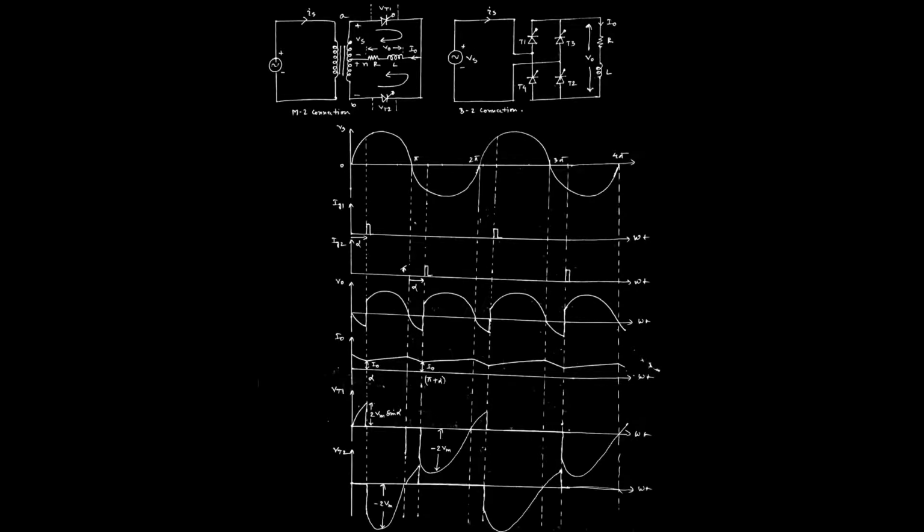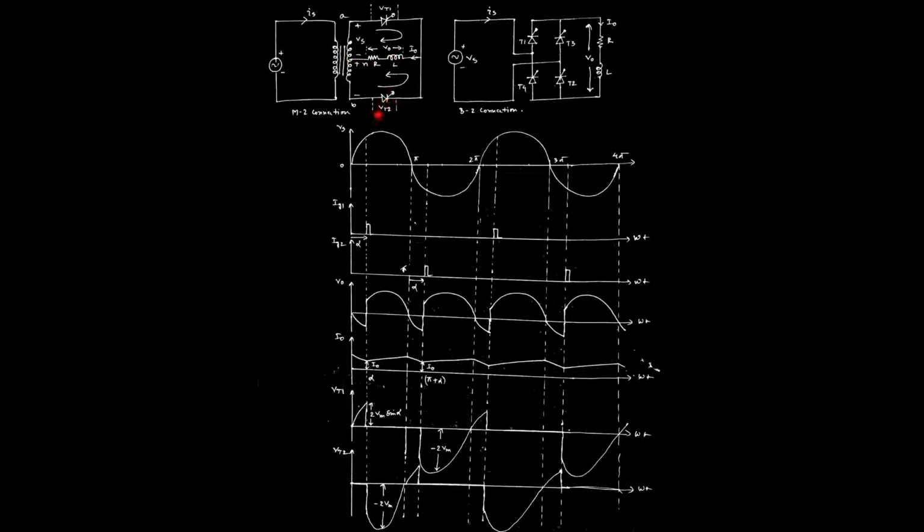But in both cases, it has been noticed that the voltage appearing across the load is the same, because when thyristor T1 conducted during the positive half cycle, the polarity of VO, that is the load voltage, will be positive at the top and negative at the bottom, and the current is flowing from right hand side to left hand side.